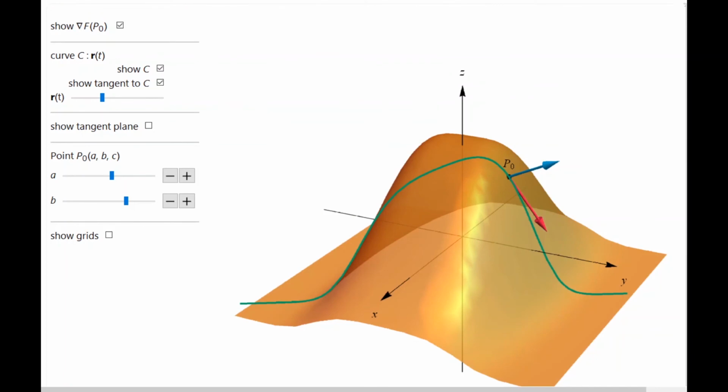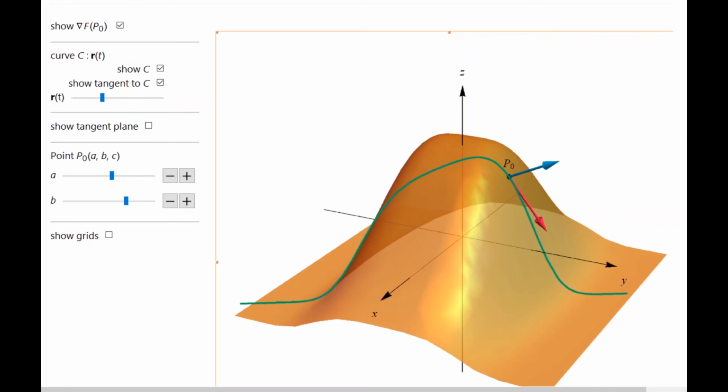Just as the gradient points in the direction orthogonal to a level curve, consider this orange surface there and consider it a level surface. The gradient of this function of 3 variables points orthogonal to the level surface in much the same way that for functions of 2 variables, the gradient points orthogonal to the level curve.